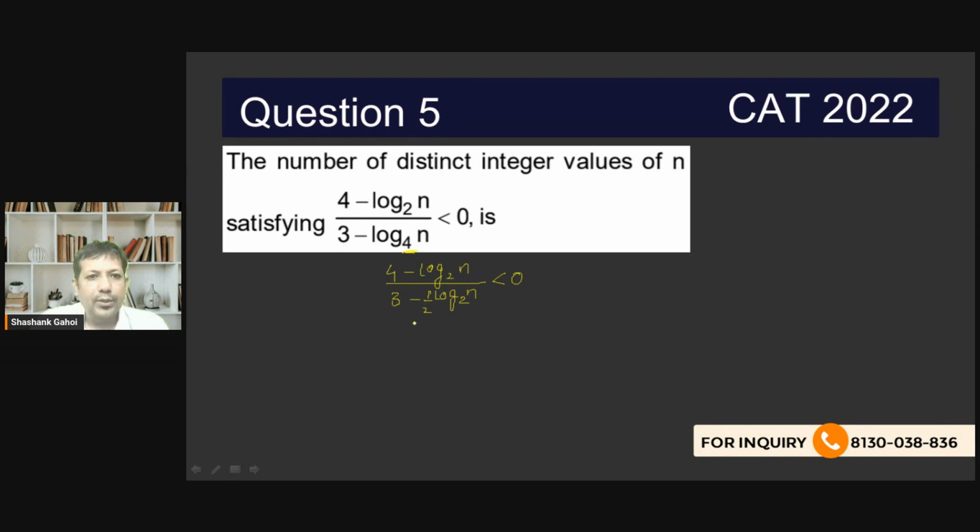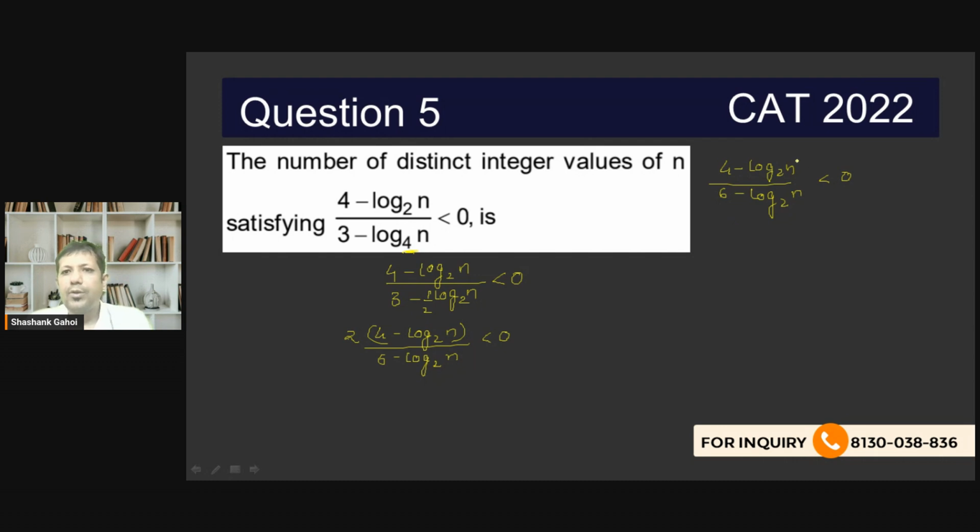So what I am going to do: 4 minus log 2n upon 6 minus log 2n is less than 0. And this 2 goes to the numerator. So I am going to get 4 minus log 2n upon 6 minus log 2n, and that is less than 0. And this is what we get.